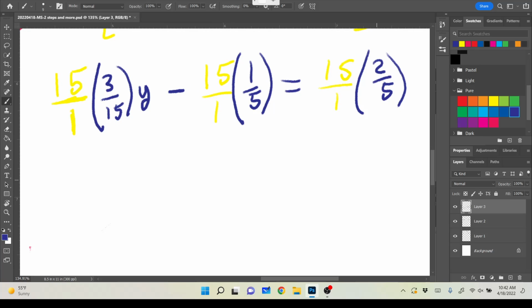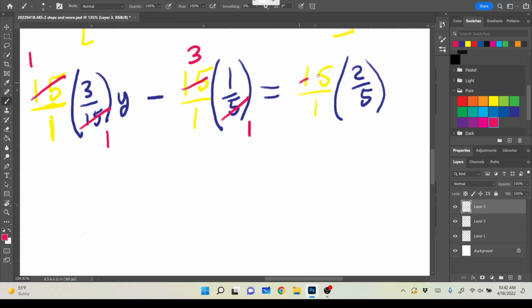Sounds great. Now what, Ella? We reduce 5 and 15 by 3 and 1. And this one's the same, so we'll just put that there.